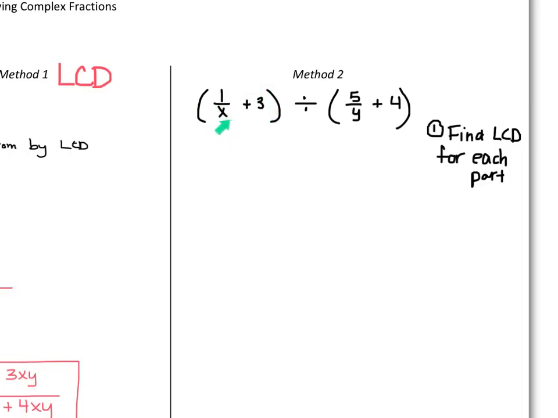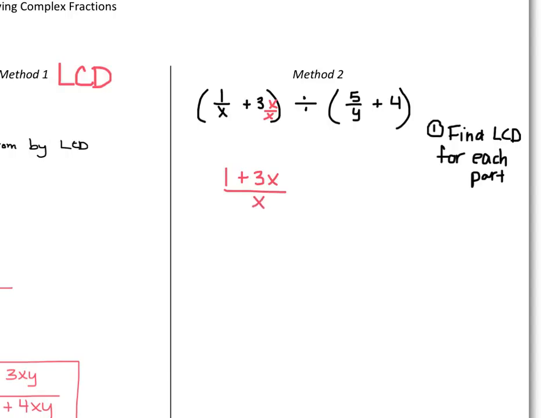X. So that 3 does not have an x below it, so we need to give it an x below it. We're multiplying by x over x. If I multiply it on the bottom, then I have to multiply it on top, same thing that we did on the front. That gives us 1 plus 3x over x.